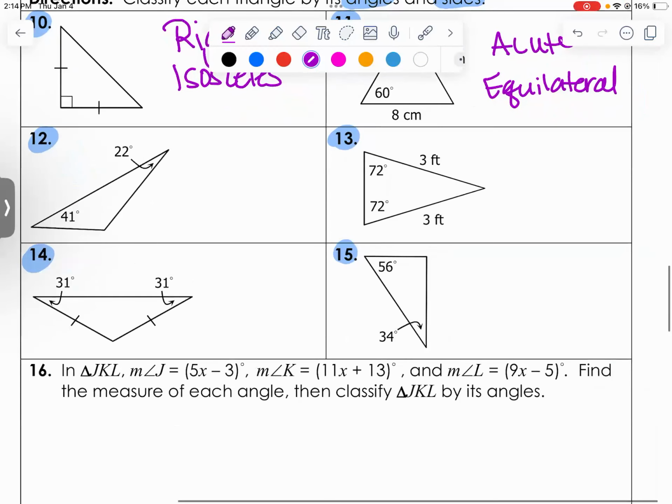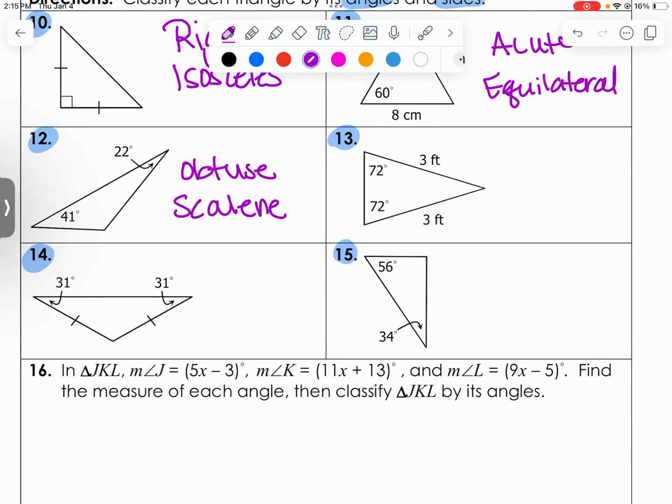Connor, what's number 12? Obtuse, scalene. I'm hearing people not named Connor talking right now. Izzy, what's number 13? I don't care the order. Isosceles and acute, very good. Cassie, number 14.